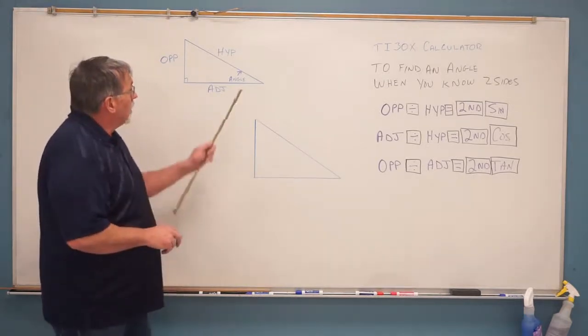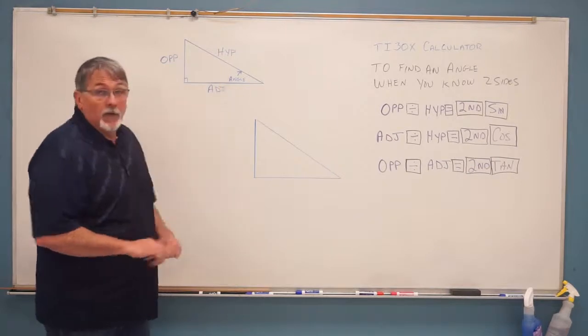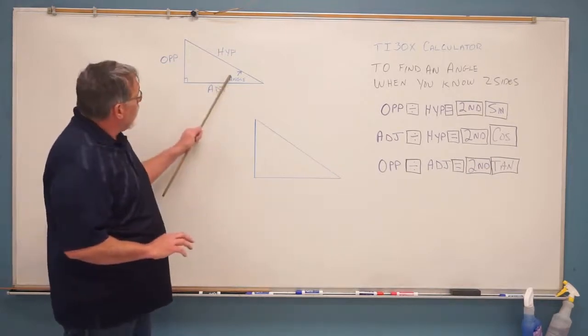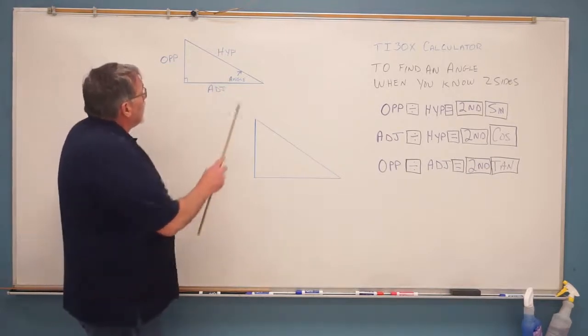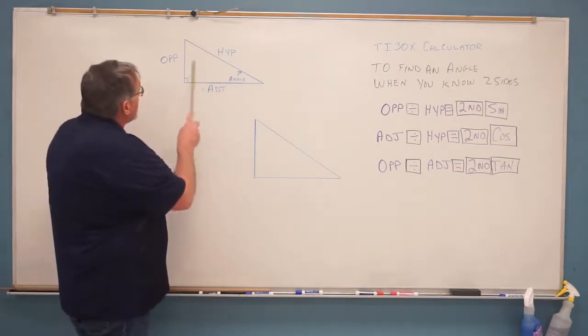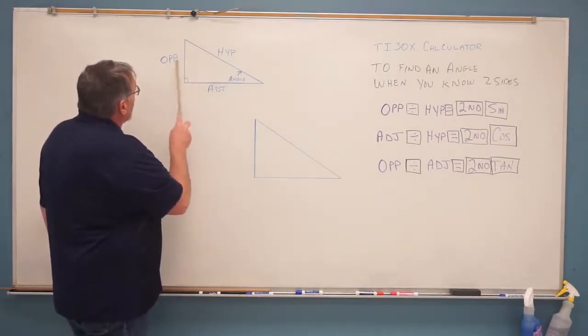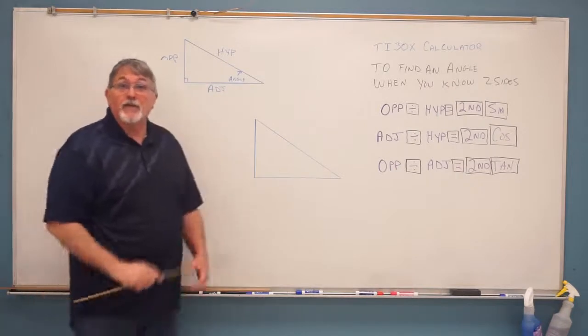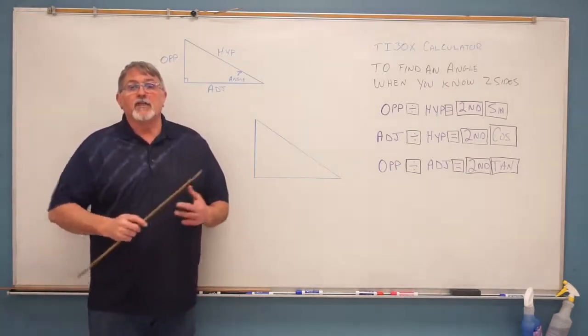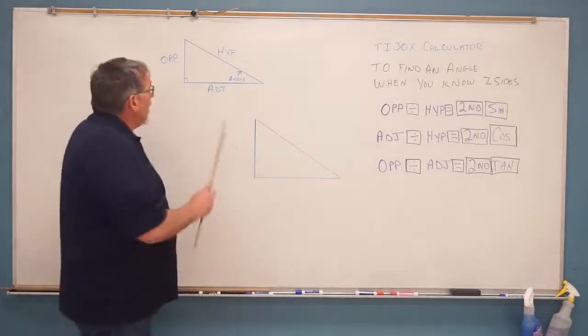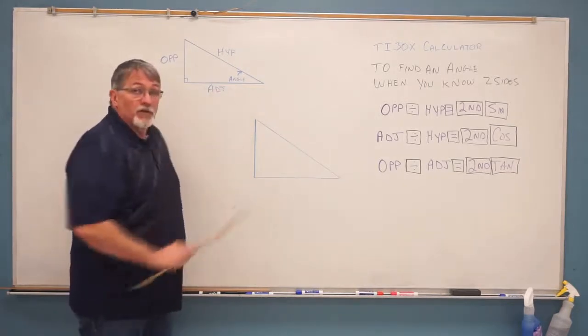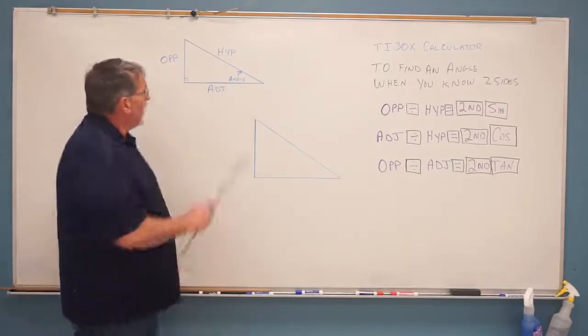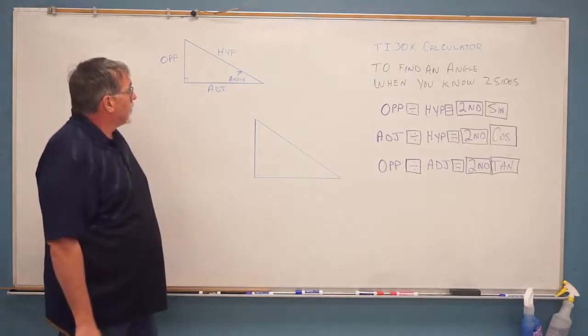So in this case, let's say we're trying to find this angle. If we want to find this angle, the side that's opposite the angle, straight across from the angle, is our opposite side. So if it's opposite the angle, it's the opposite side. And if it is adjacent or touching the angle, then it's our adjacent side.